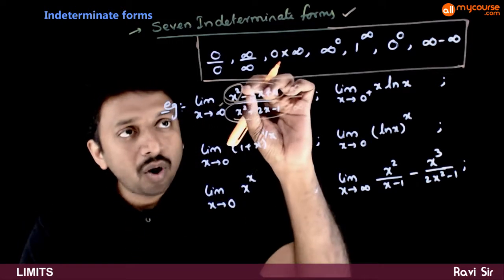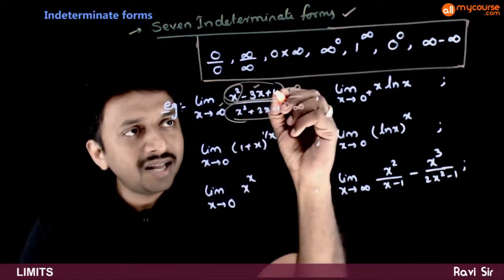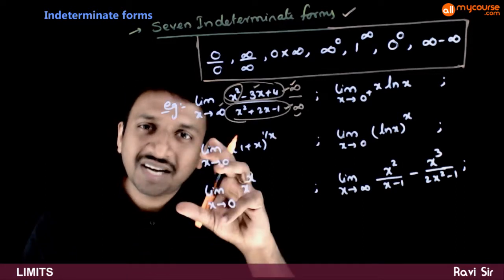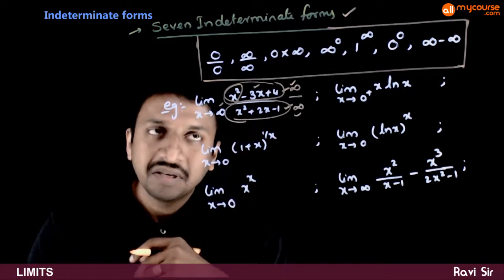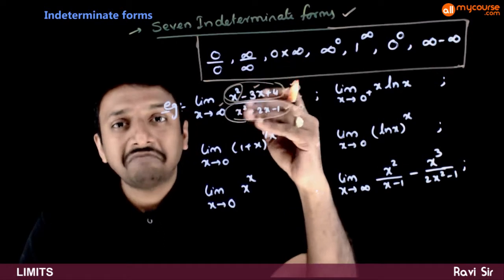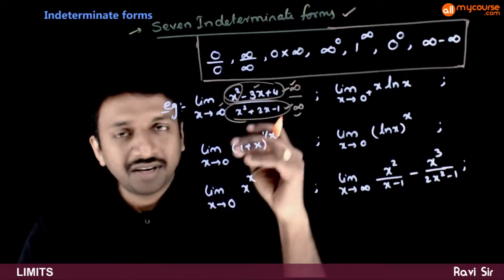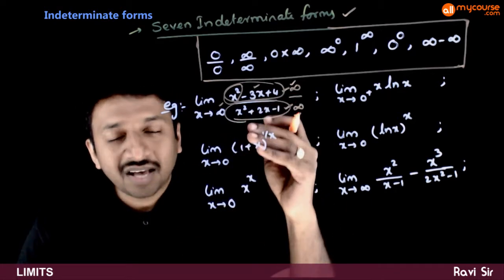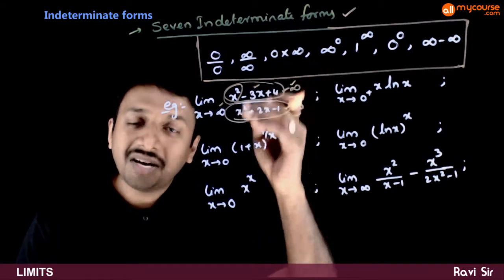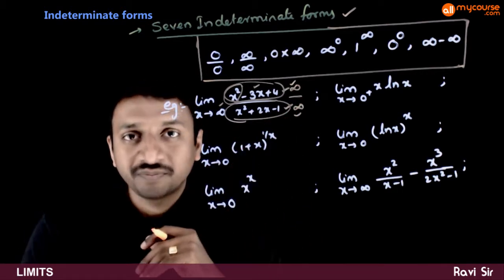Now what happens when you do the division depends on the relative magnitudes of these infinities. It is the relative orders of these infinities. If the numerator has some order of infinity, for example 10 power 10, and the denominator has an order of 10 power 20, on division you'll get 1 by 10 power 10, you go very, very close to 0.